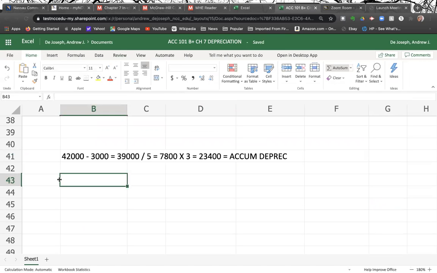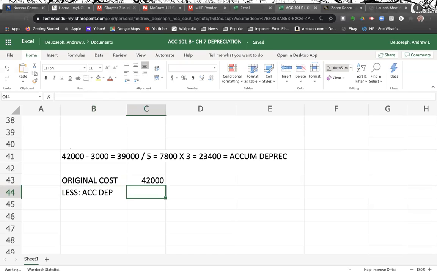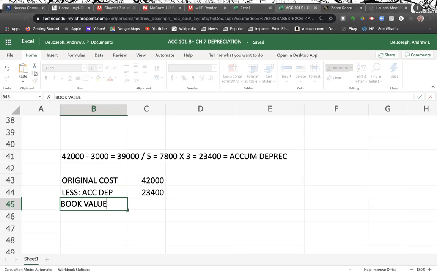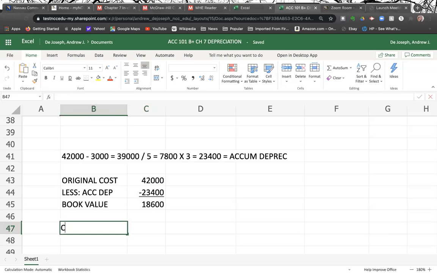So now what's the book value? The book value is the original cost, which is 42, less the accumulated depreciation we just calculated, 23,400. Book value is 18,600.